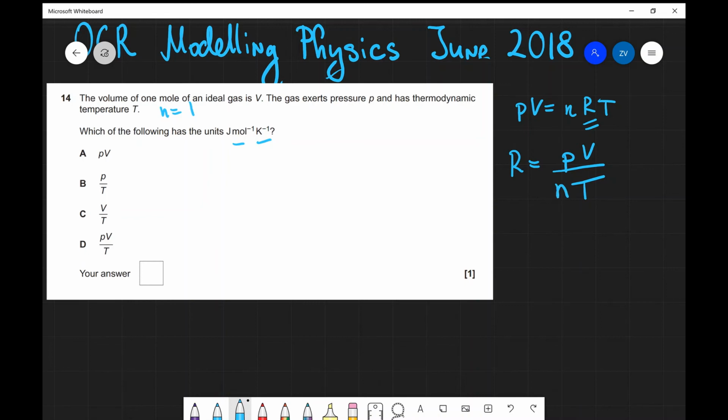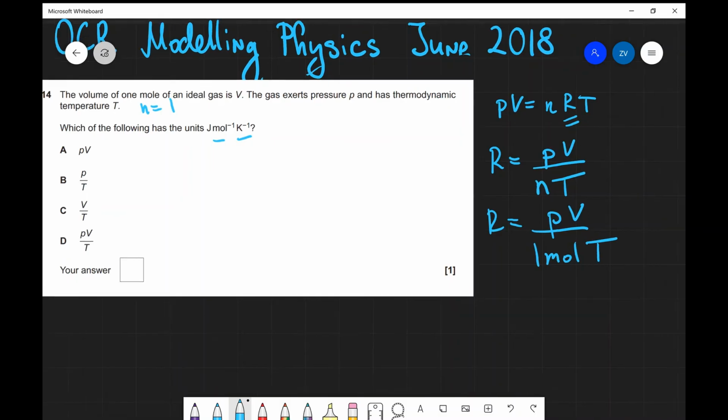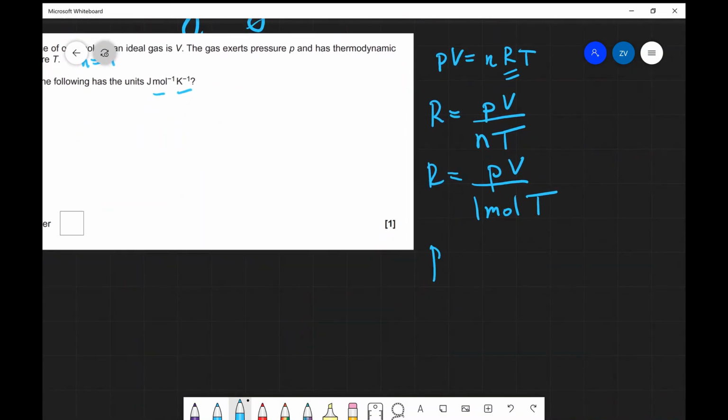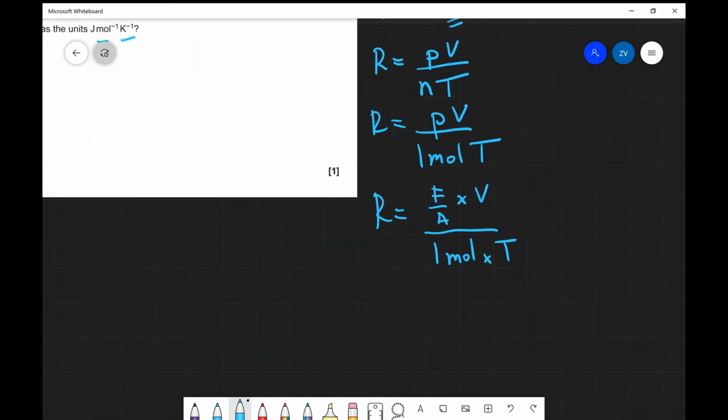Because this is just 1 mole that we're dealing with, R will be PV over 1 mole times T. Okay, well, let's find out some base units in this case. Now pressure is just force over area, isn't it, multiplied by the volume divided by 1 mole in this case, multiplied by T.